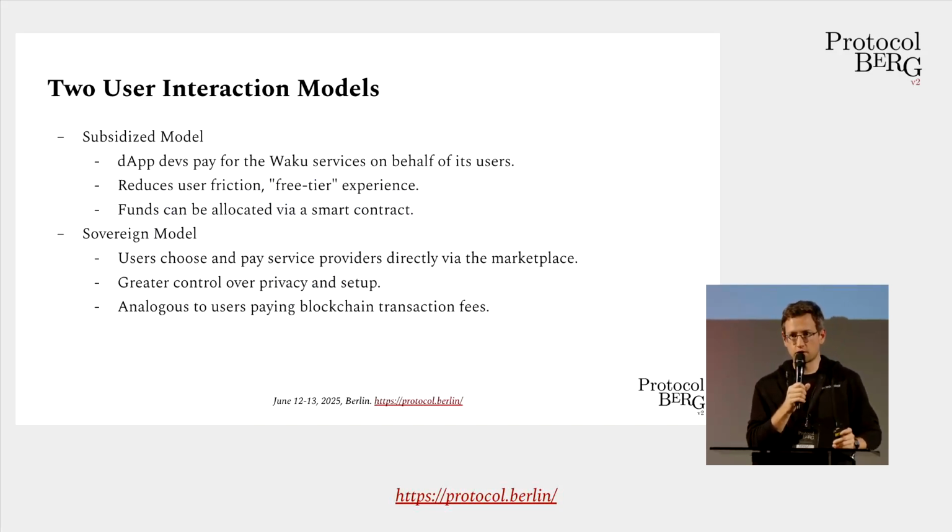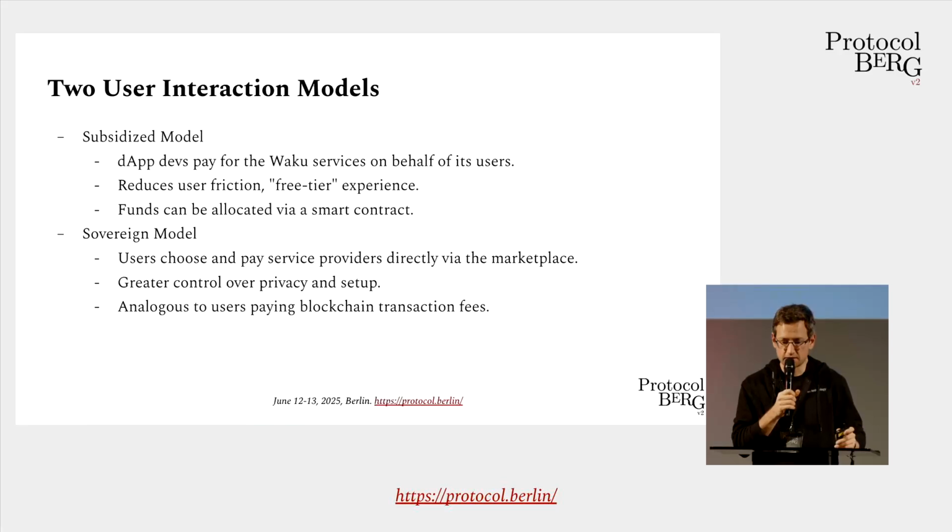We envision two models for how a user, a developer of the application, and the marketplace provider would communicate. In the subsidized model, the app developer can pay for the users to use service nodes.